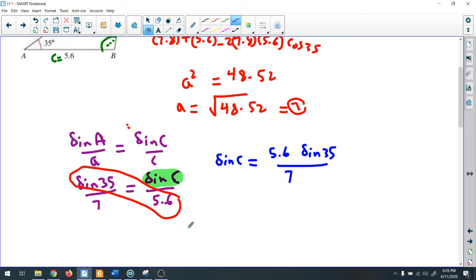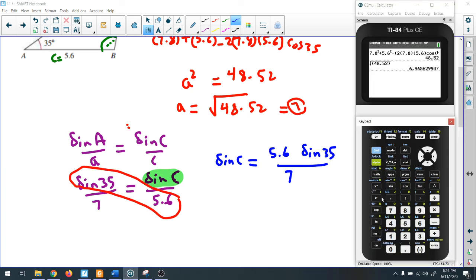And then calculate that. 5.6 times sine of 35, then we're going to divide by 7. The answer is 0.45.